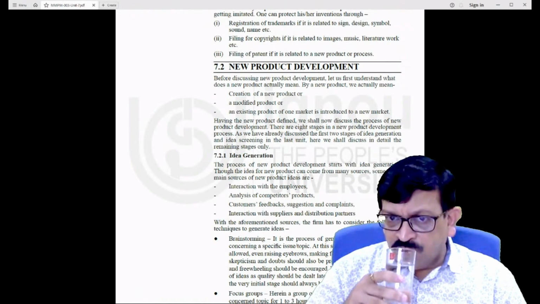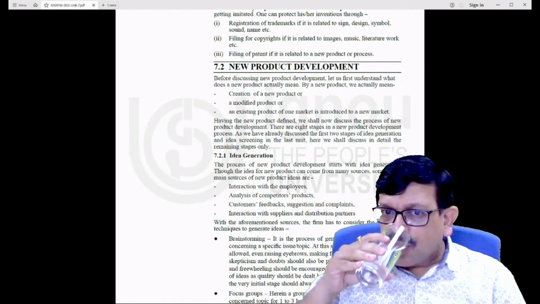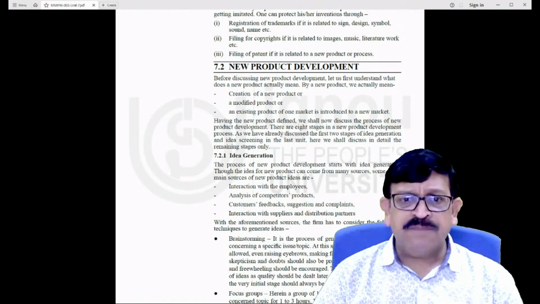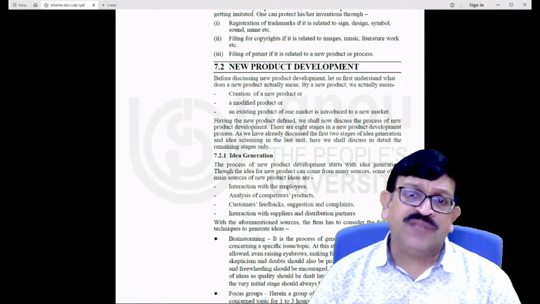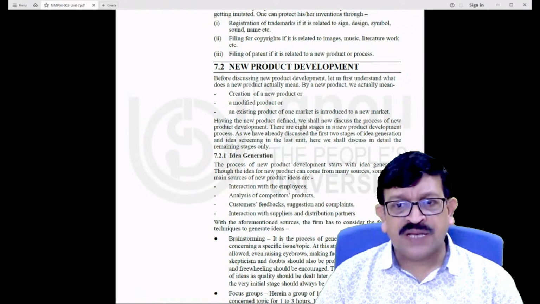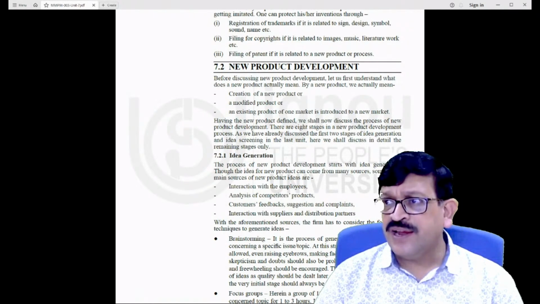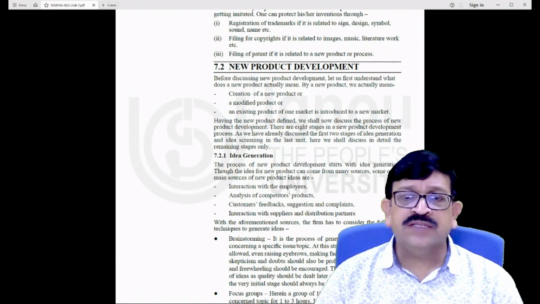So what are the steps involved? As we know, the first step in new product development is idea generation, something which we spent time on yesterday, where we looked at the sources of getting ideas, both internal and external.